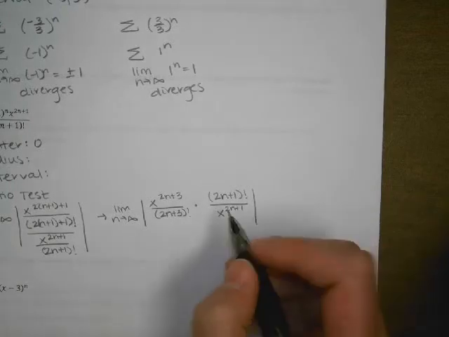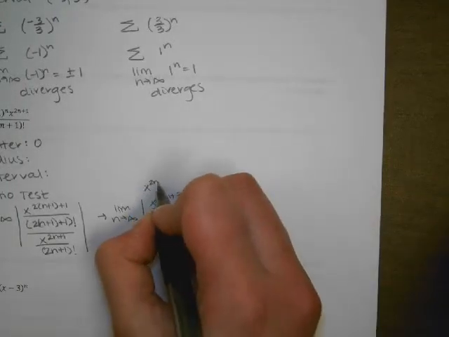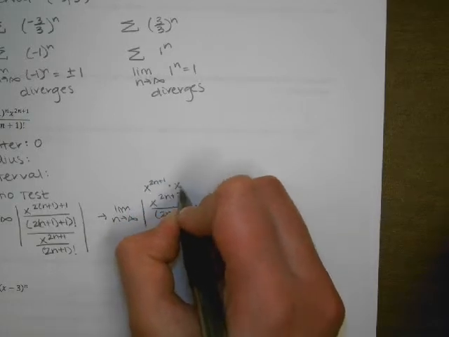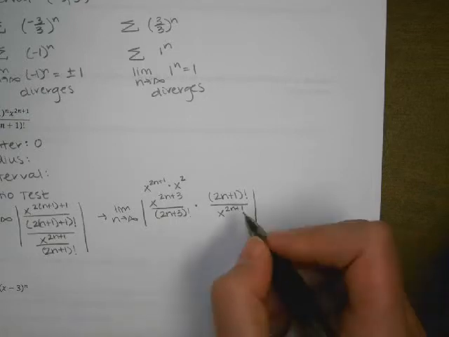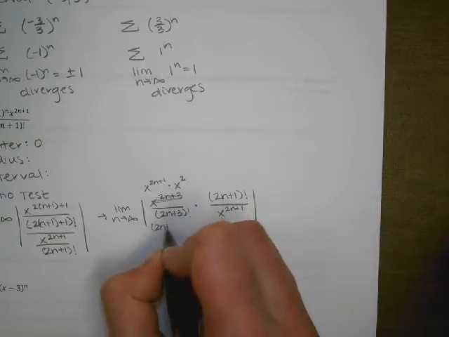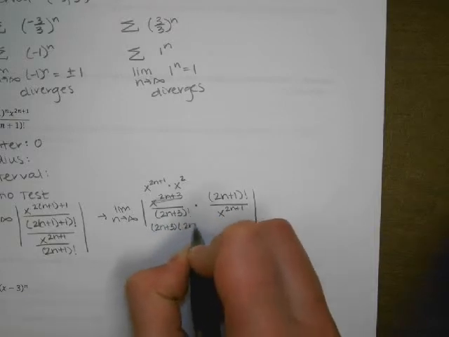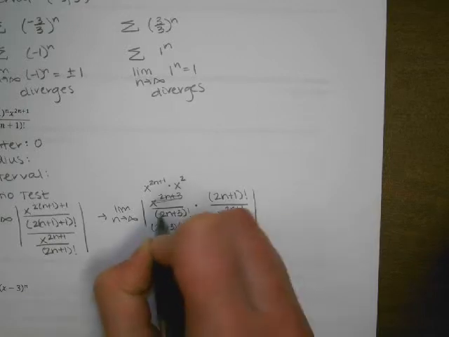Okay, so if I think about how these would cancel, this one I could say is x to the 2n plus 1 times x to the 2, and that would give me 2n plus 3. And then, so that goes away. This would be 2n plus 3 times 2n plus 2 times 2n plus 1 factorial.